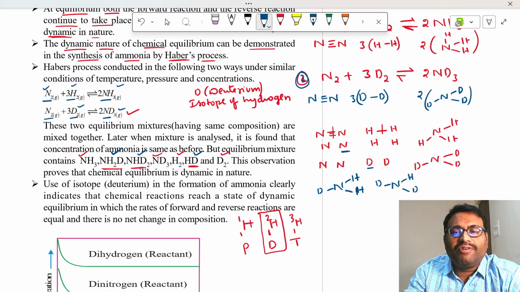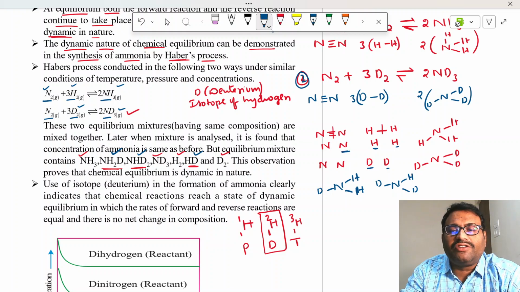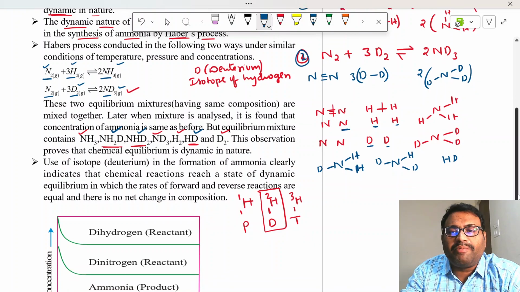Hydrogen and deuterium species can also combine, and HD is seen. Understood? So why do we find different species apart from the reaction mixture? This represents that the reaction has not stopped at chemical equilibrium. The reaction continues to take place.